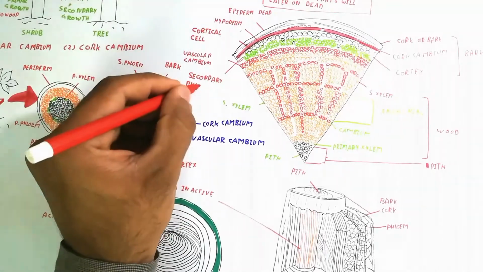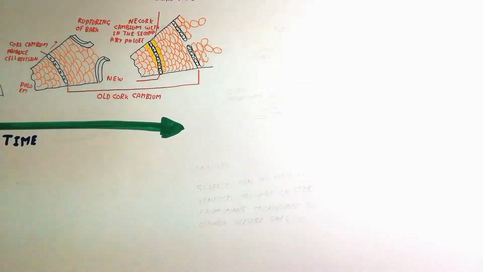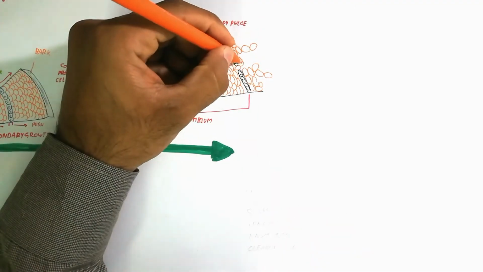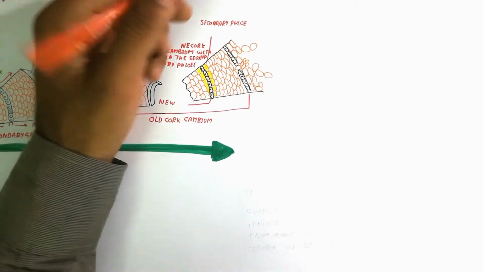Here the secondary phloem is shown in green color, which is the phloem on the outer side, and the cork cambium is between, on the inner side. So the cork cambium is produced near the phloem.